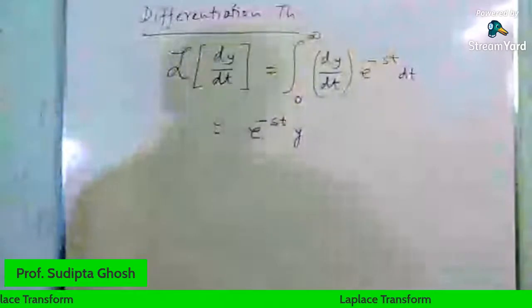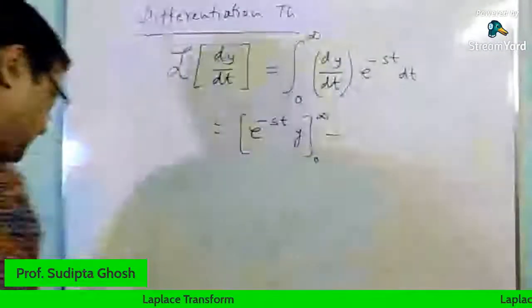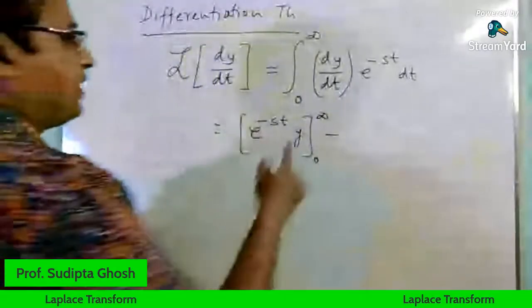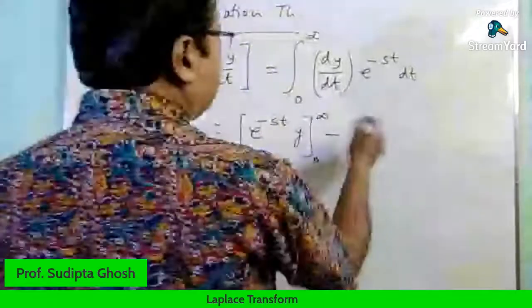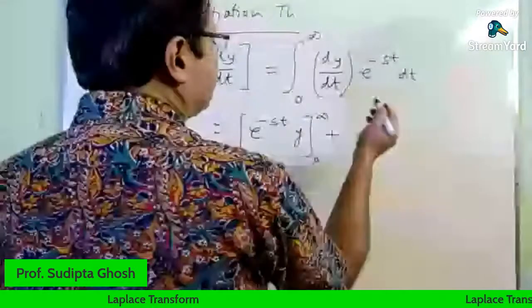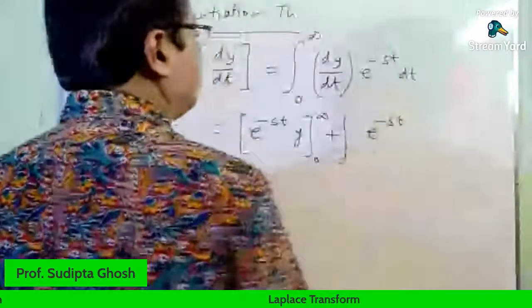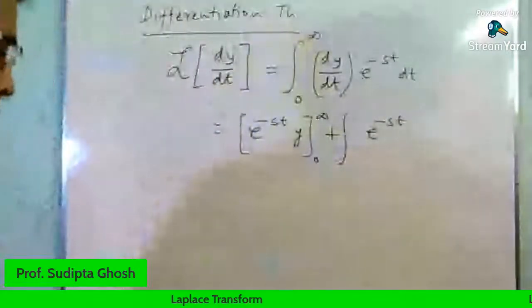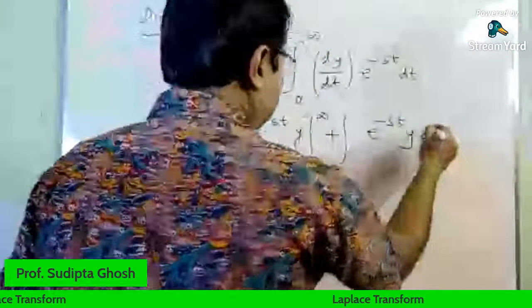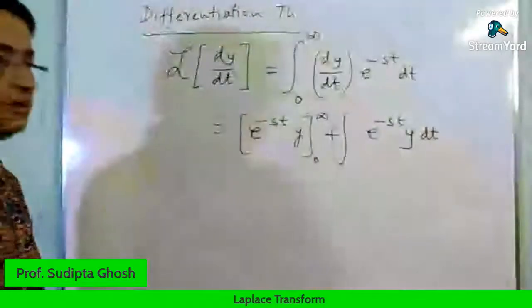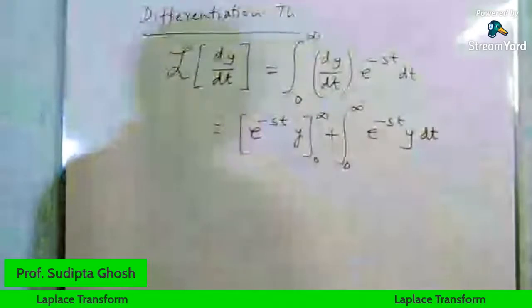This is with limit 0 to infinity, minus the differentiation of the first, the differentiation of e to the power minus st, which gives me minus s, so it becomes plus s, times the integral of e to the power minus st times y dt, and here also the limit is 0 to infinity.